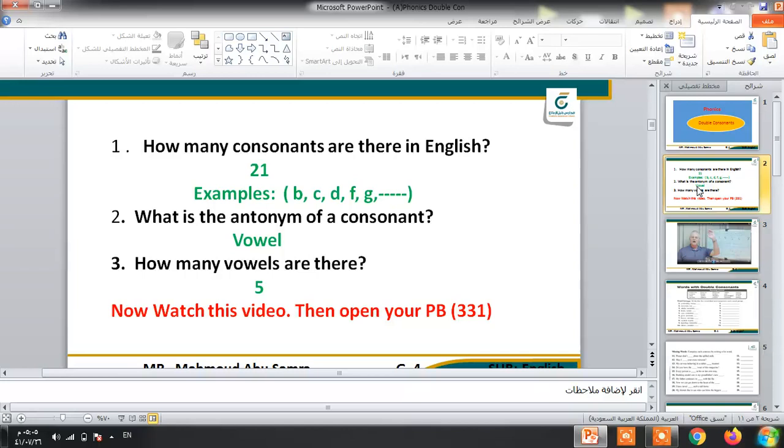What is the antonym of a consonant? I mean, what is the opposite of a consonant? A vowel. Very good. How many vowels are there in our English alphabet? We have 5 vowels. Can we name them? Bravo. A, E, I, O, and U.